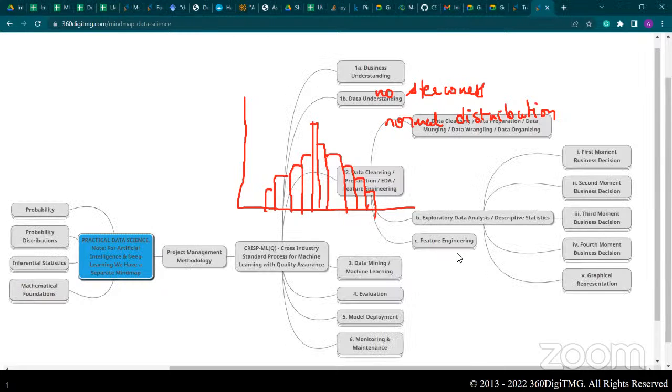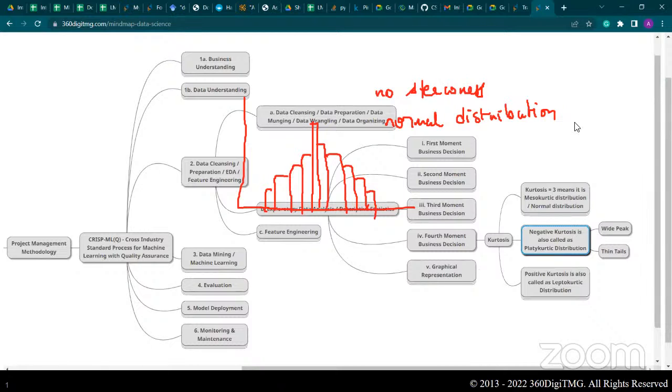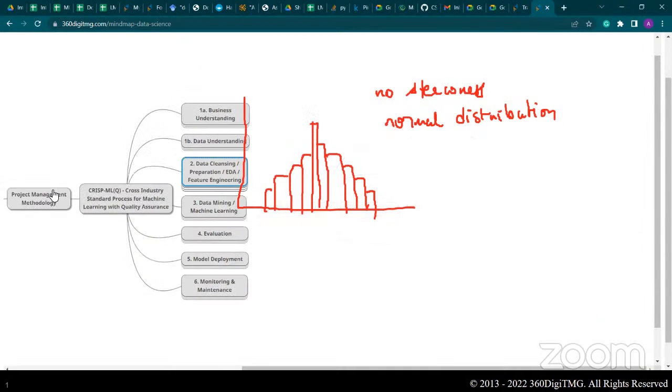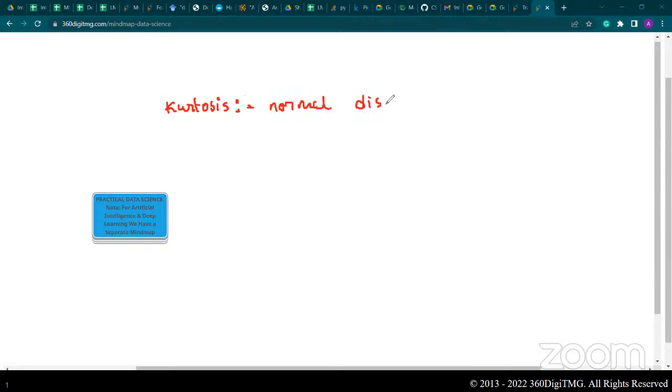So far we have covered the 3 business moment decisions, and the next one we are covering is kurtosis. So kurtosis is only checked for normal distribution. Okay. So when we are doing kurtosis, we are only checking for normal distribution.